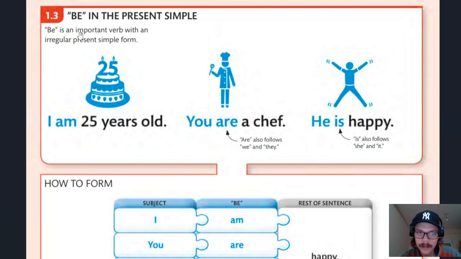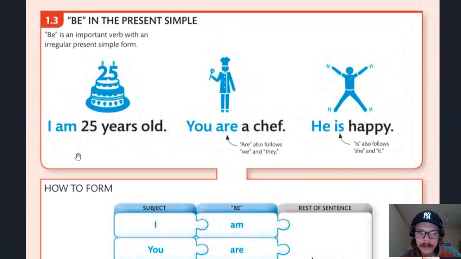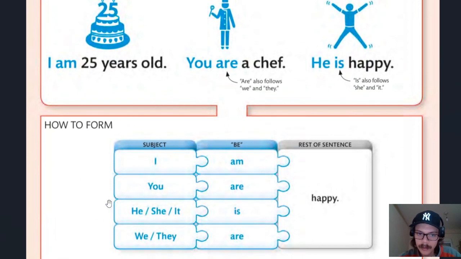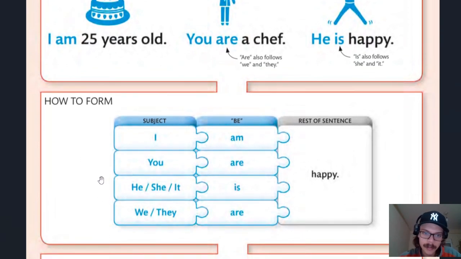They all refer to the verb be. The way that you determine when you want to use them is based on the subject, which is a familiar concept by now. Okay? This chart here shows you when you want to use each of the three.